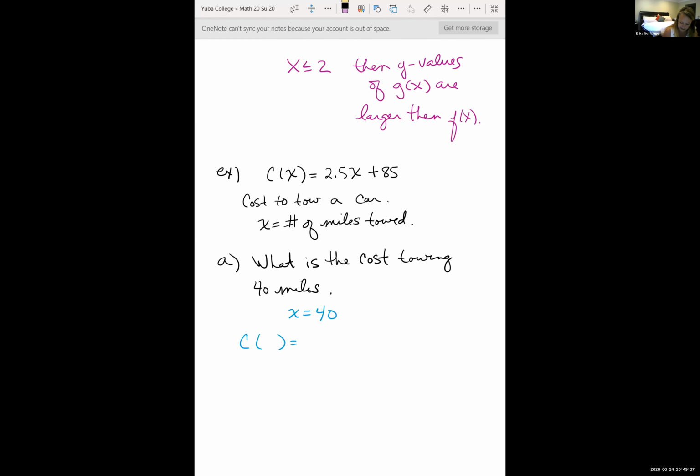So c of 40 is equal to 2.5 times 40 plus 85. That's 100, so we get 100 plus 85, so 185. And we're talking about dollars. So $185 to get towed for 40 miles.